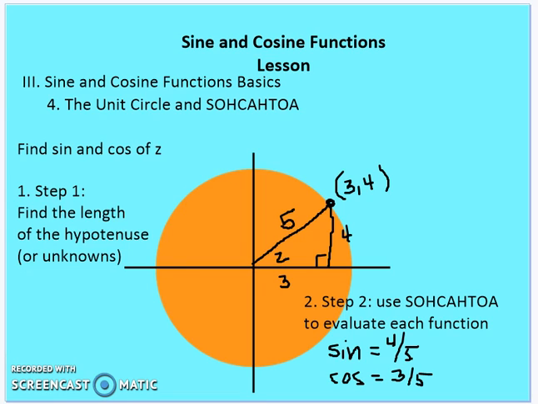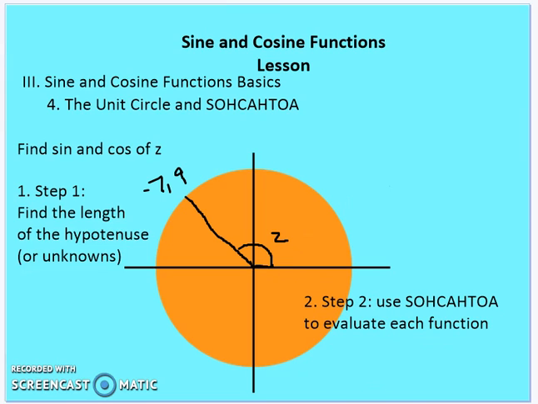All right, so we mark up the diagram. You can just look at the diagram to see that the point (3, 4) means that the vertical change is 4 and the horizontal change is 3. So the sine of z ends up being 4/5. Cosine of z ends up being 3/5.